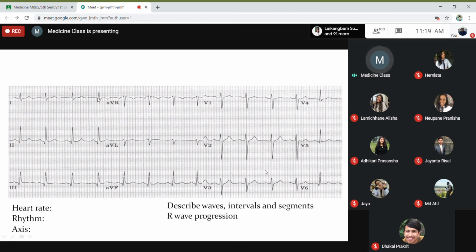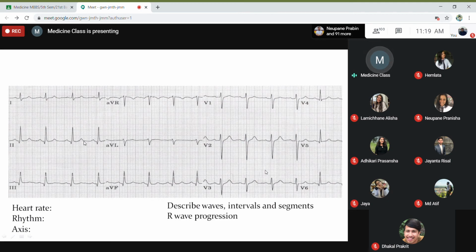If you look at the duration, 1, 2, 3. So 3 means it's not wide as well, and then you go to the segments now. Okay, PR interval, QT intervals, and then you describe T wave.